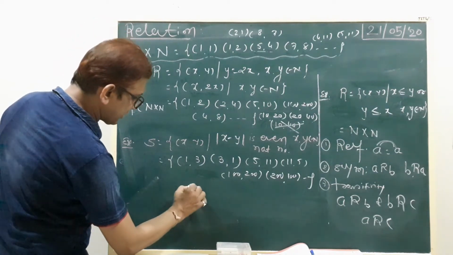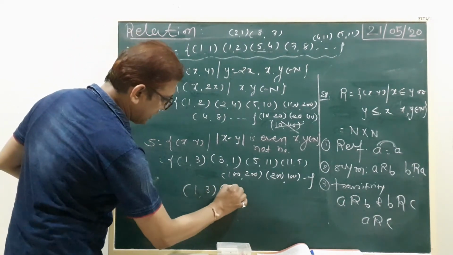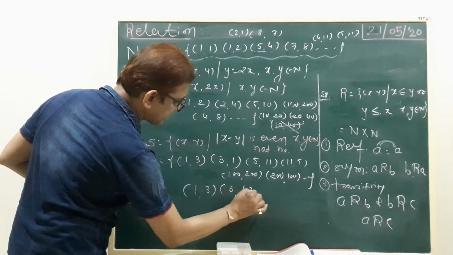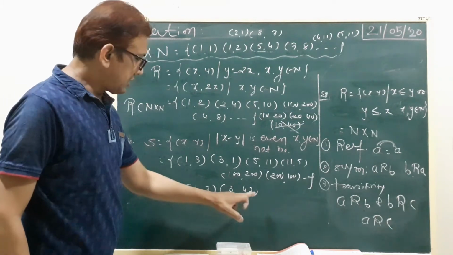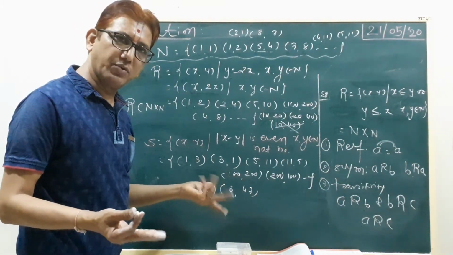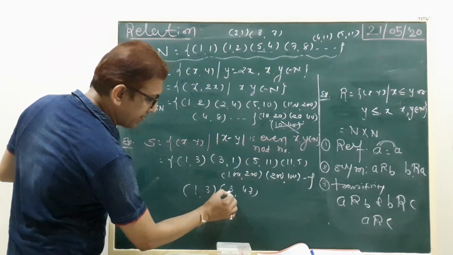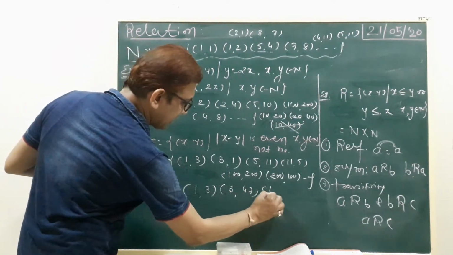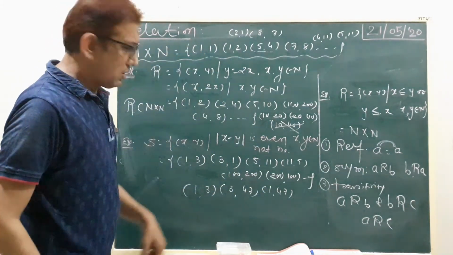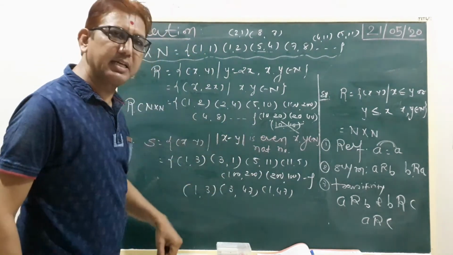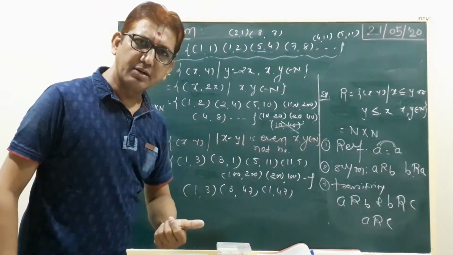Suppose 1 3, right? And here 3 47. 47 minus 3 is 44. Yes, 44 is an even number. Okay. So now A relation B, B relation C, and here the relation 1 47 is also possible in this curly bracket, because the subtraction of these two numbers is 46, right?